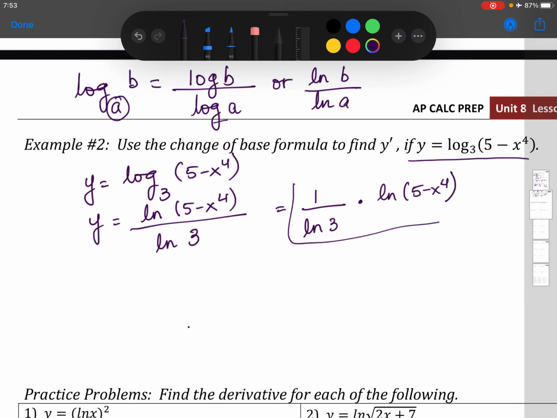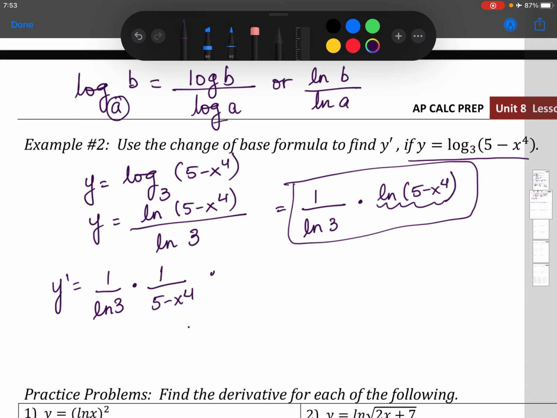So now I want to take the derivative of this function. So y prime is equal to 1 over ln of 3 times the derivative of this, which is 1 over 5 minus x to the fourth times the derivative of the inside, which would be negative 4x cubed. Simplify it, it'll be negative 4x cubed over 5 minus x to the fourth, times ln of 3.